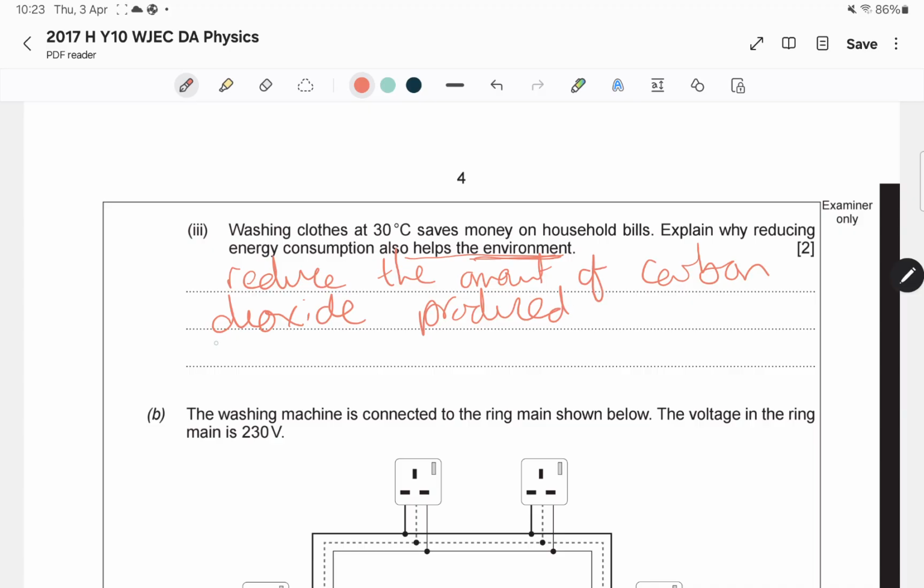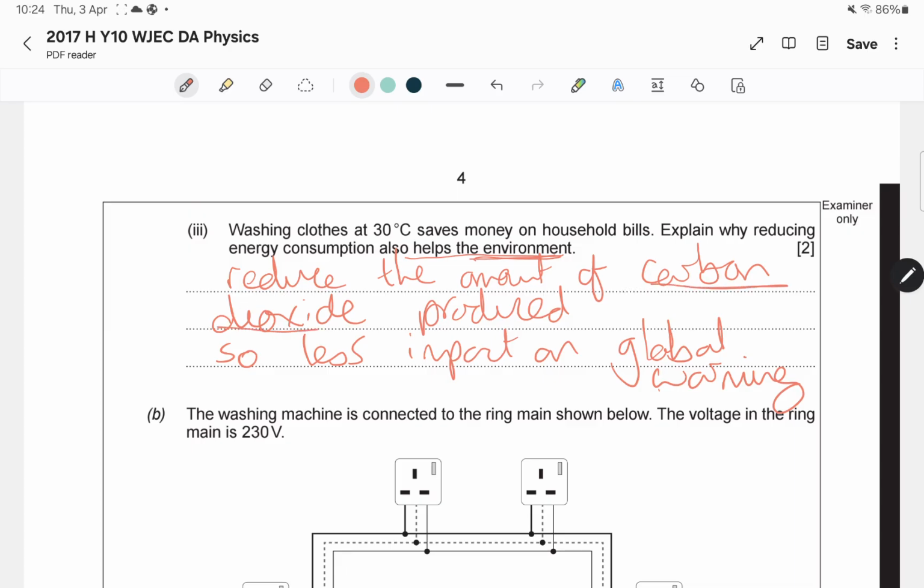And why is that good for the environment? So less impact on global warming. We're linking carbon dioxide and global warming.